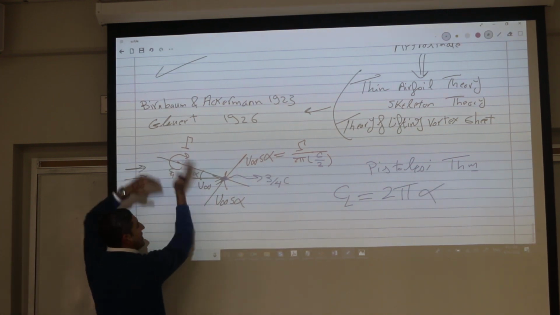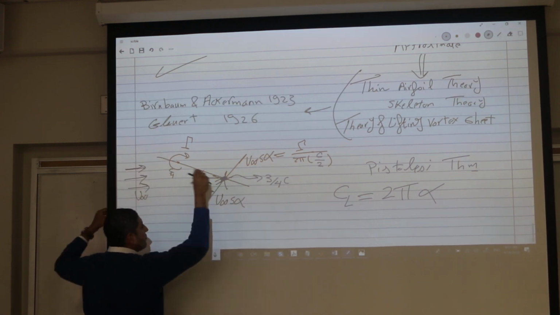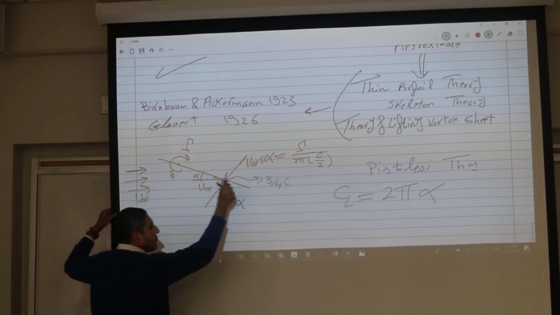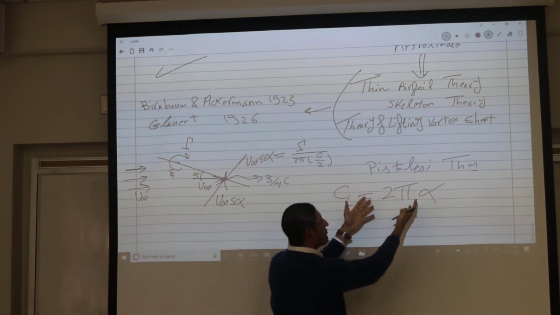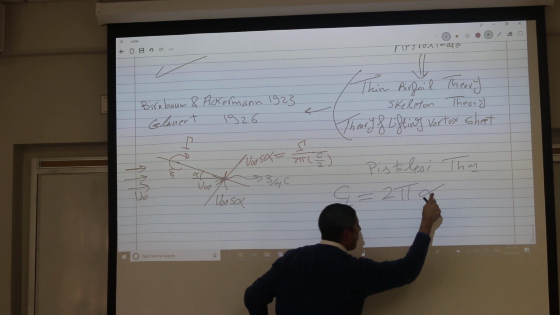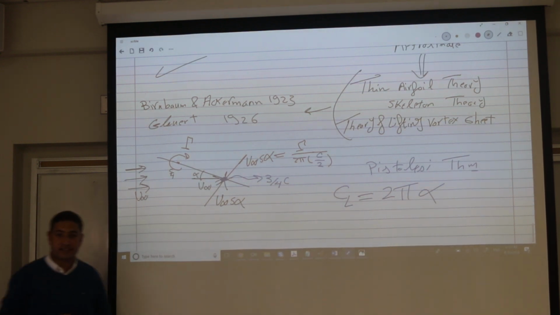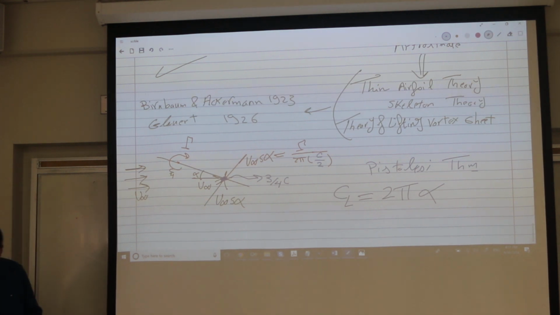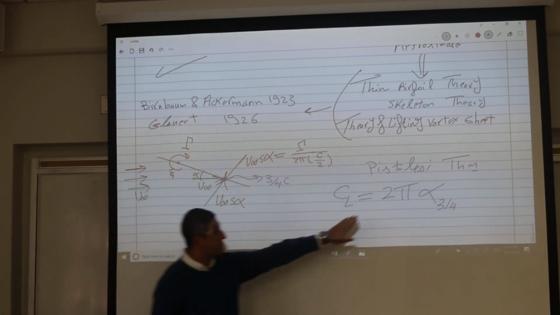But if I have some flexible chord, or rotationality everywhere, so that I have a local angle of attack changing from one point to another, and I want to use this global relation as if I have a single angle of attack, is there only one point that matters? It's a very big question, and the answer is yes, it's the 3/4 chord point. So you need to only know the angle of attack at the 3/4 chord point. Just measure this, get the lift information. This relation is very useful.